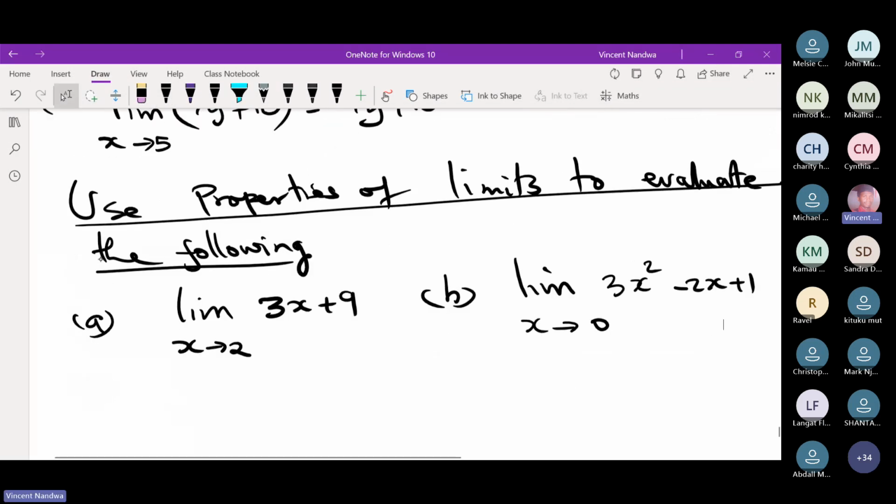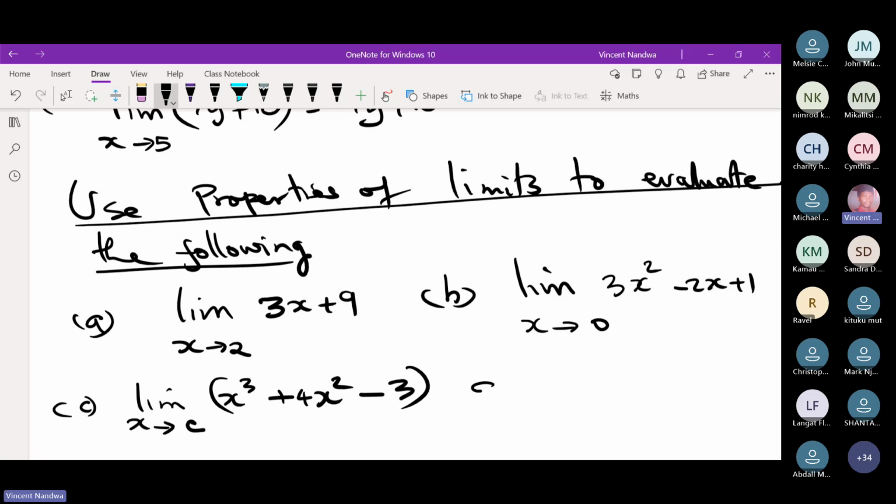And then C, limit as x approaches c of x cubed plus 4x squared minus 3. D, limit as x approaches 4 of x squared plus 5 over 2x plus 3.